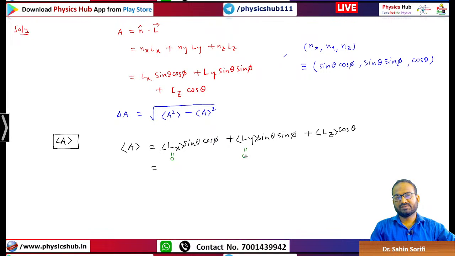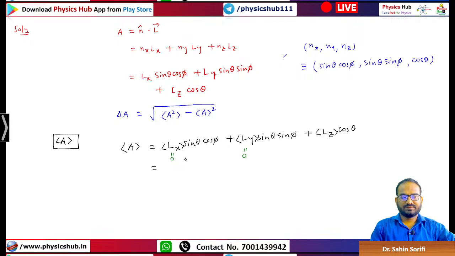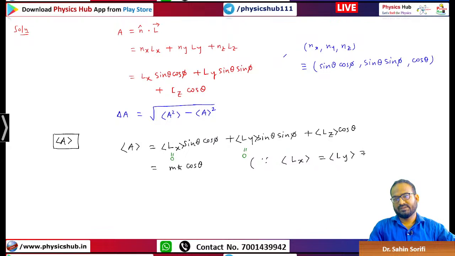The expectation value of Ly is also 0, and the expectation value of Lz is m h cut. So this becomes m h cut cos theta, because the expectation values of Lx and Ly are both 0.